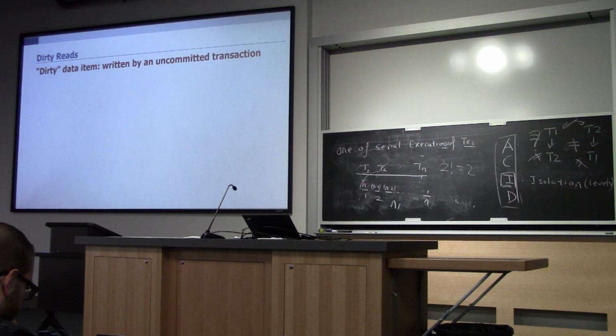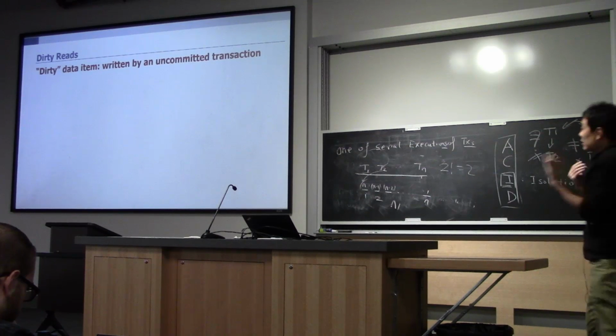I haven't committed yet. So 10% bonus, then go back. If I do that, all student records will be dirty items because they have uncommitted updates pending to be committed or rolled back. So that's the definition of a dirty item.